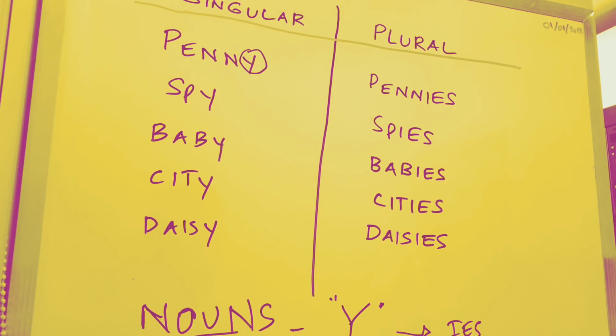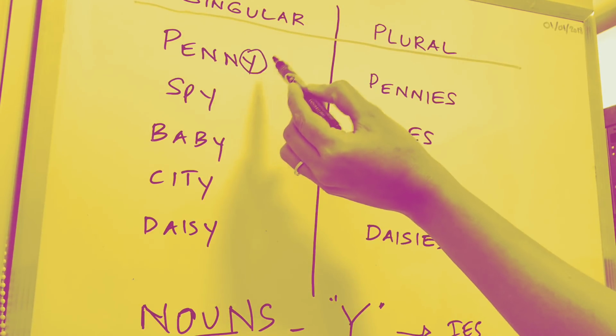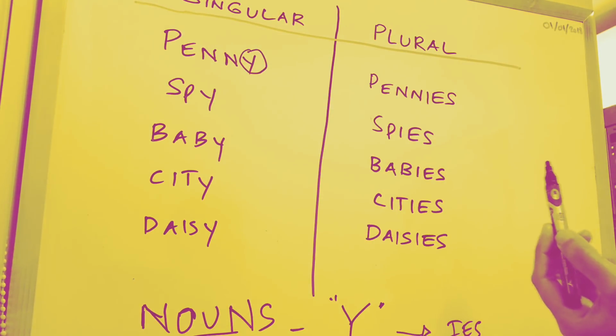So basically this is grammar, but when you speak, if you notice, there's no difference in pronouncing, right? So if I was to say house, houses, and then a noun from over here, I would say penny, pennies.